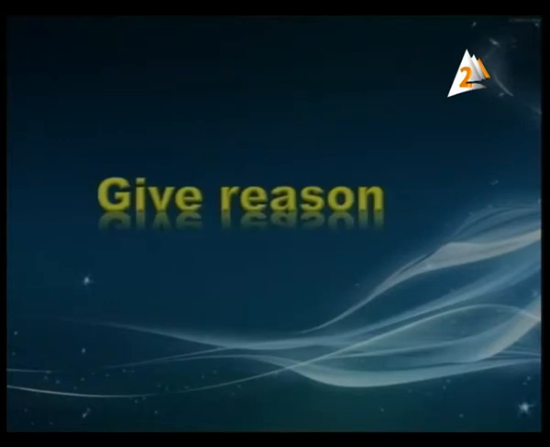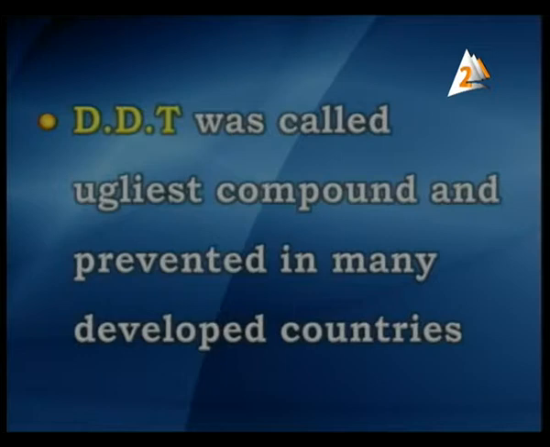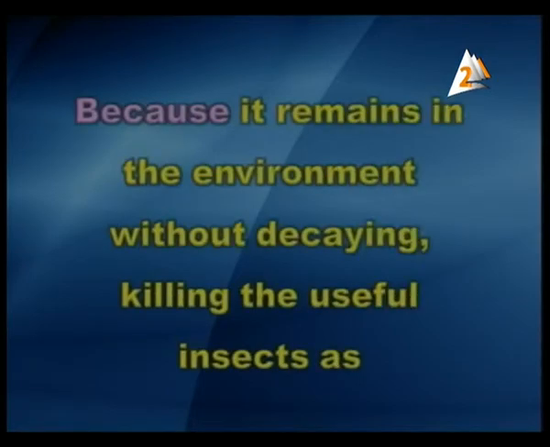So DDT is not good, it's very bad. Now, you have the third question, also give reason. DDT was called a dangerous compound and is prevented in many developed countries. Yes, it's prevented. We know it's poisonous, so we can say it's because it remains in the environment without decaying.